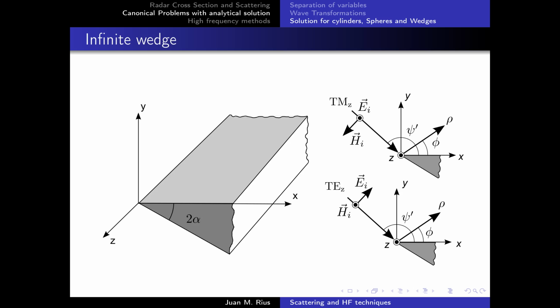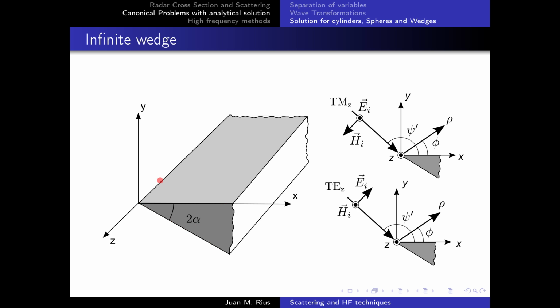Another canonical geometry for which we have an analytical solution is the wedge. The wedge is formed by two semi-infinite planes, one plane along the xz plane, and the other has also in common with the first plane the z axis, but forms an angle 2 alpha with the xz plane.